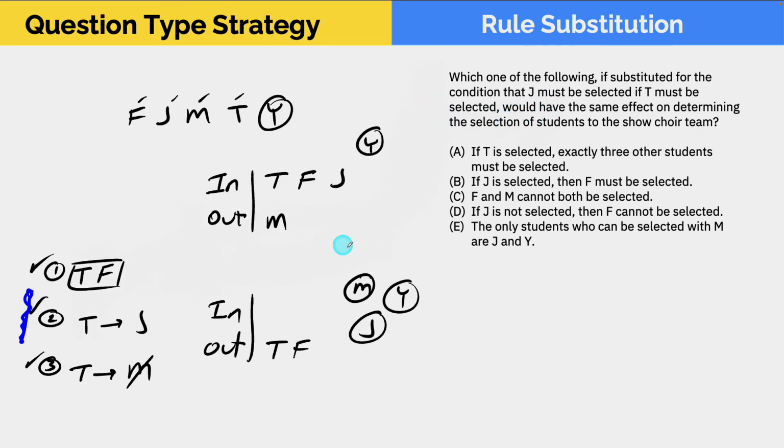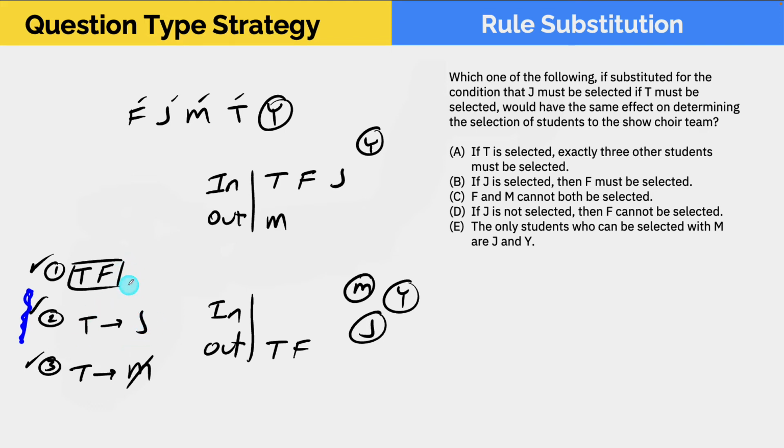Now, if you're particularly experienced with games, you might recognize that the T is part of a TF block type of relationship, and there's no other rule about F. So it's almost like the F and the T together constitute one variable. So one way that you could replace rule 2 is to have a rule that says if F is selected, then J must also be selected.